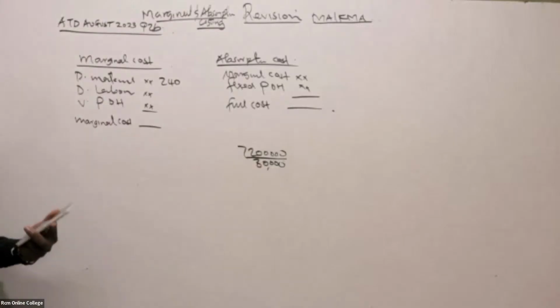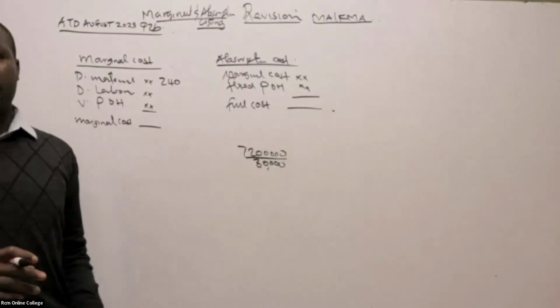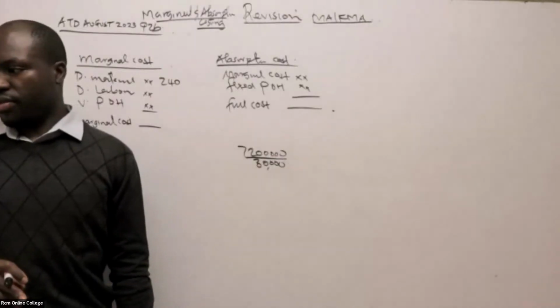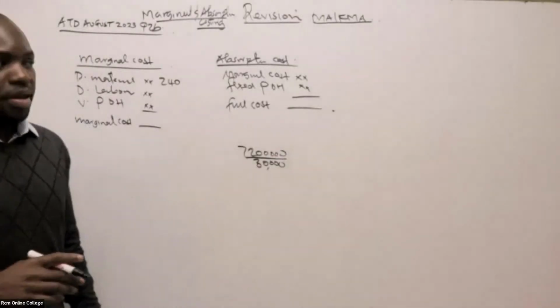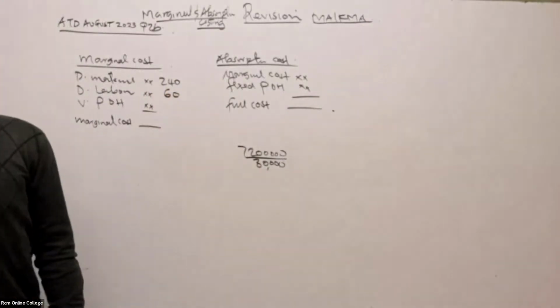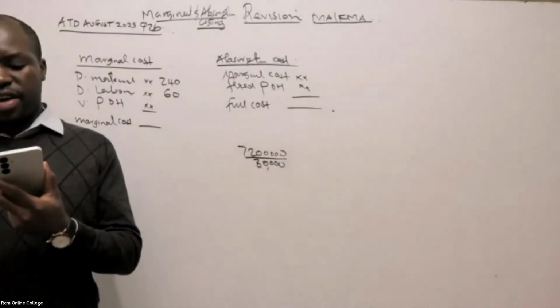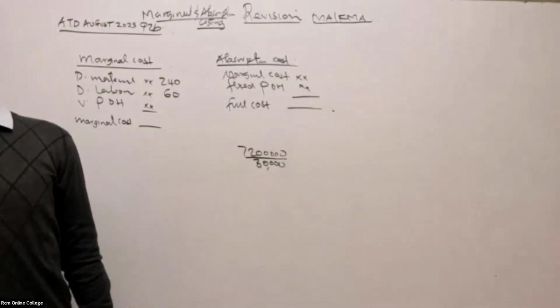Good. How about direct labor? Do the same. 1,800,000 divided by 30,000. That will give us 60. Variable production overheads, 1,500,000 divided by 30,000.